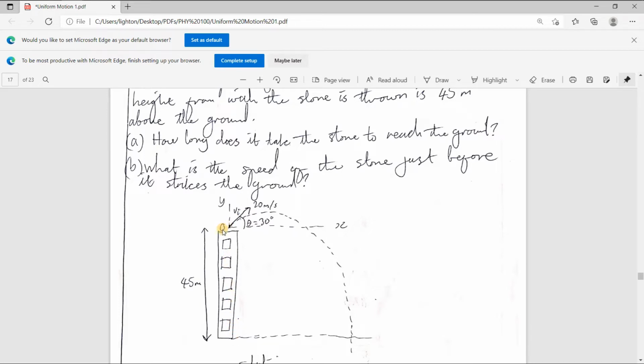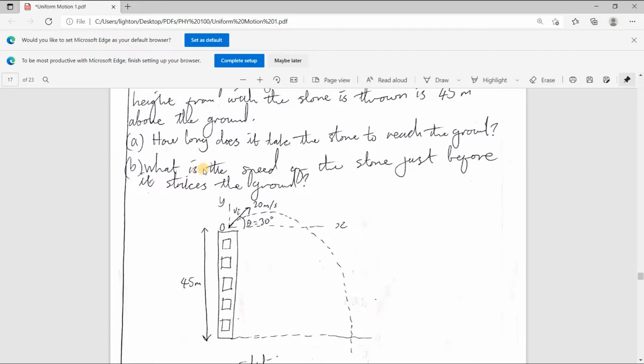Here we have the origin, the x-axis and the y-axis. The positive x-axis is going that side, the positive y-axis is going that side, the negative y-axis is going downwards, and the negative x-axis is going that side.